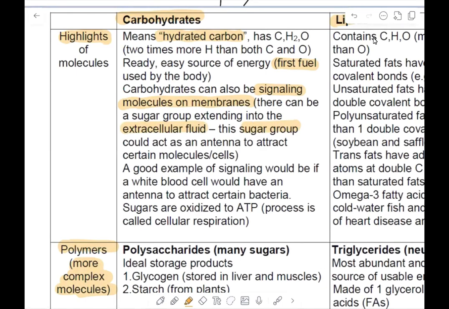An example of this would be a white blood cell. It has an antenna, which is a sugar group attracting certain bacteria. Also, sugars are oxidized to ATP, which is part of what's called cellular respiration. So those are some of the highlights of carbohydrates, and we'll have slides coming up on each of these as well.